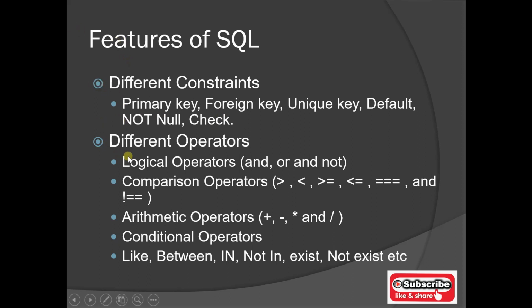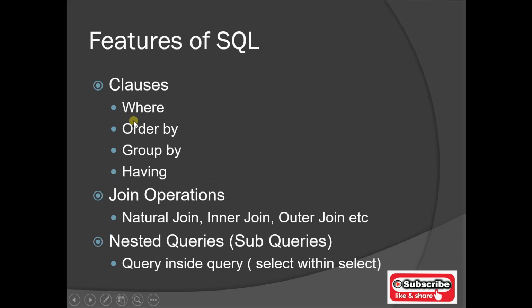Then SQL has the next feature, different operators. It contains different operators like logical operators, comparison operators, arithmetic operators, conditional operators. When we execute select statement, we can use these different types of operators in the select query. We have like operator, between clause, in clause, not in, exist, not exist, etc. We have different clauses in SQL like where clause.